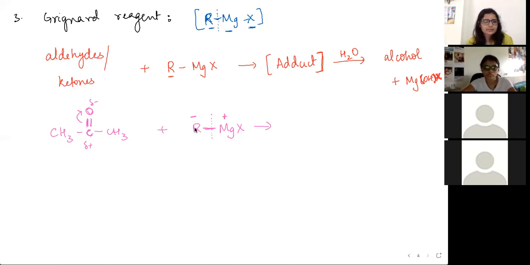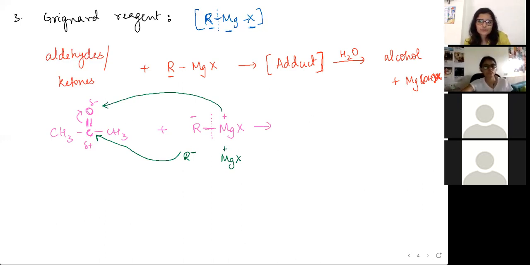So when it breaks down, when you get R minus and MgX plus, where do you think the R part will move? To the carbon, the positive delta. Awesome. So it'll move over here. And MgX? To the oxygen. So based on this, you can predict the adduct.